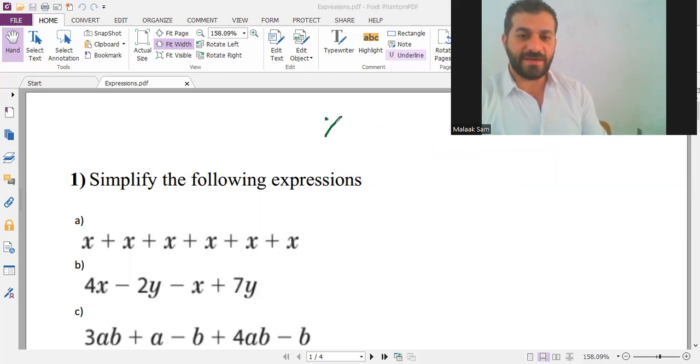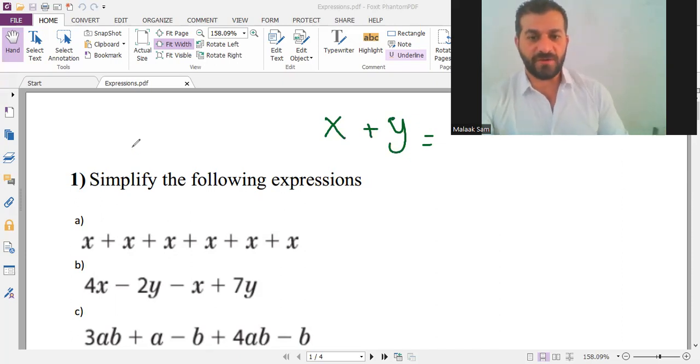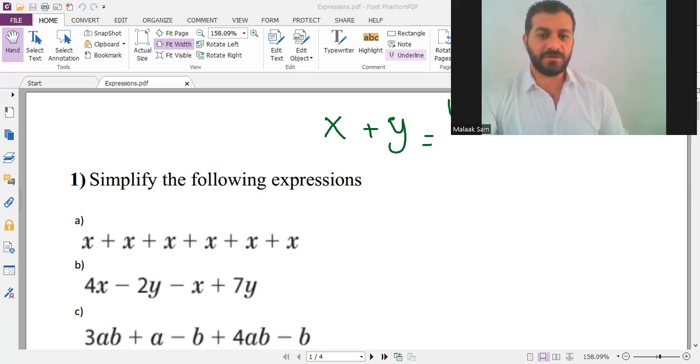But we couldn't add x plus y. We couldn't say 2xy, or 2yx, or 2x, or 2y. x plus y are called unlike terms. Unlike terms means they are different.